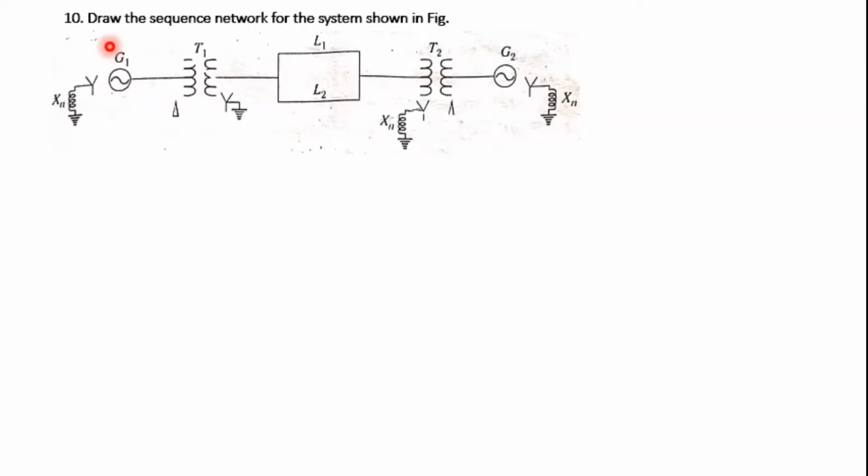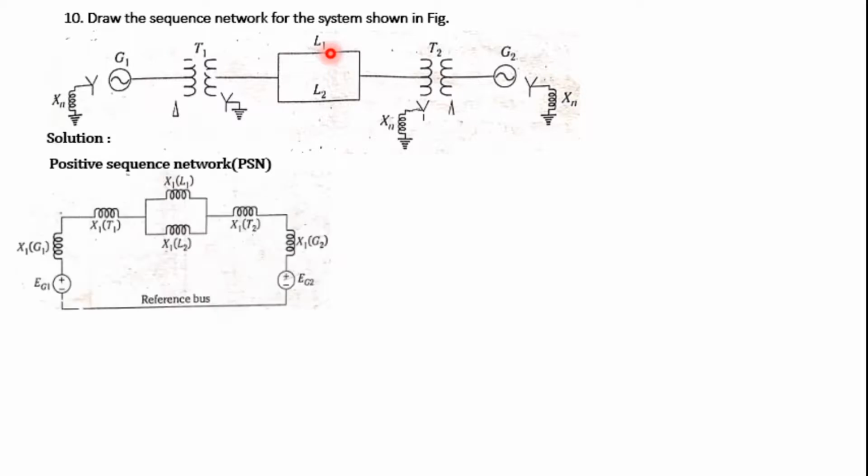Consider the question: draw the sequence network for the system which is shown here. So we need to draw the sequence networks, that is the positive, negative, and zero. We know that for the positive sequence network, consider that there is a source of EMF and the reactance.